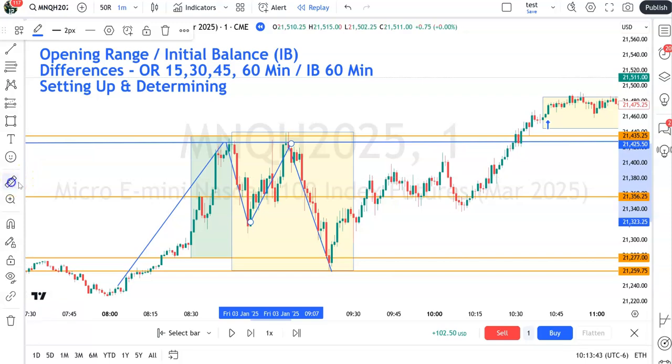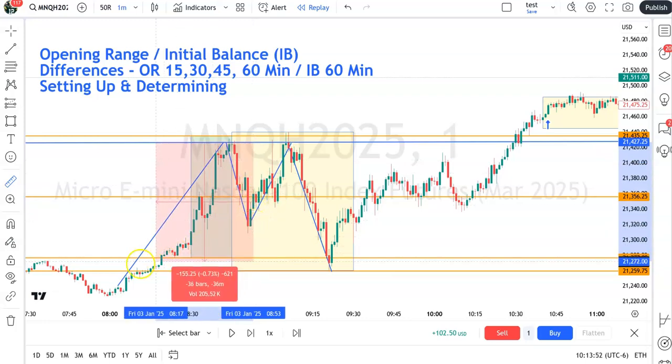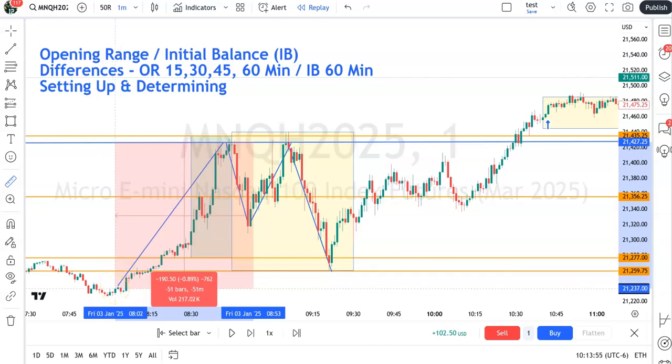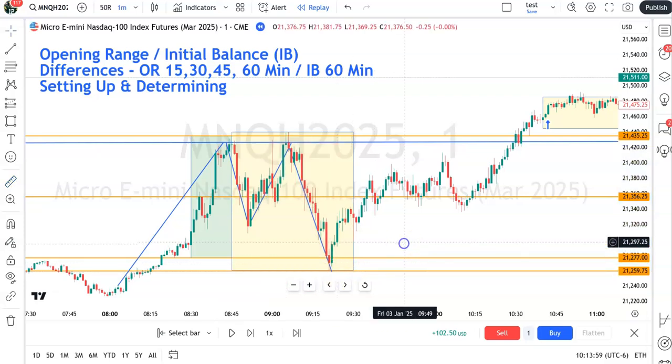Just to give you an idea of the scale here, from the top of the M to this point, that's 100 points, okay? To the start over here, 190, and over here, we ended up at 170.